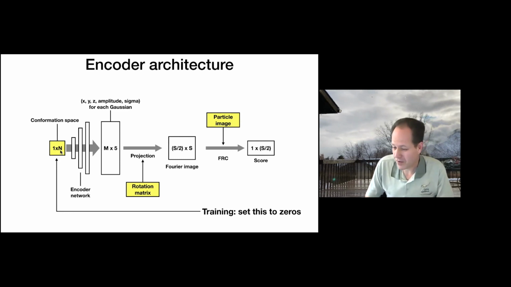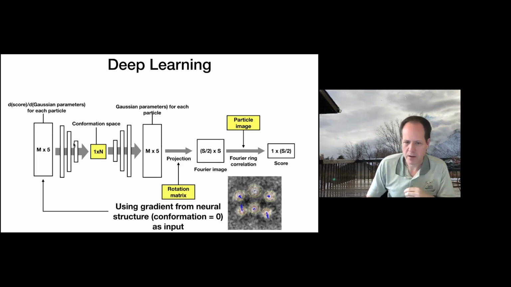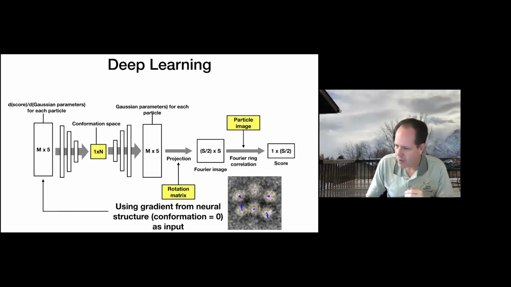If you know any physics, this is related to perturbation theory too. Basically, this is setting the neutral condition for the network. Once we train the network to produce this neutral configuration when we put all zeros in, then we train the encoder part of the network. And when we train the encoder, the input that we use is the derivative of each particle image with respect to the Gaussians' locations in their neutral configuration.